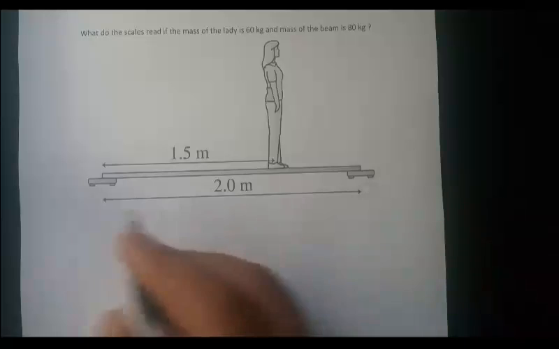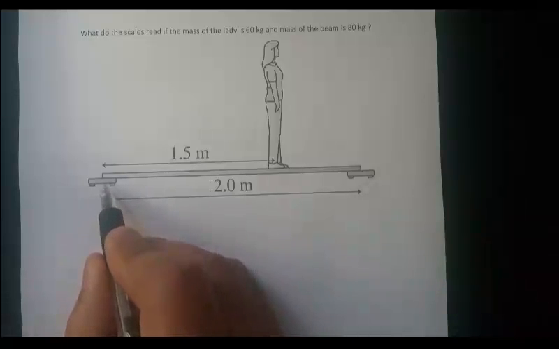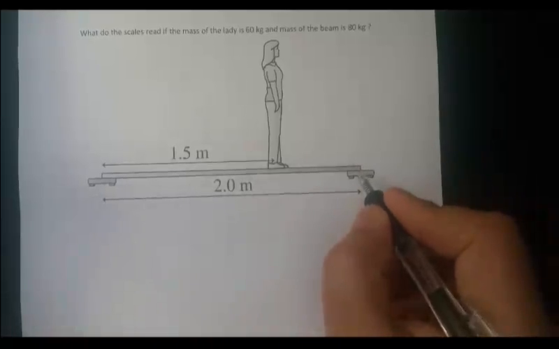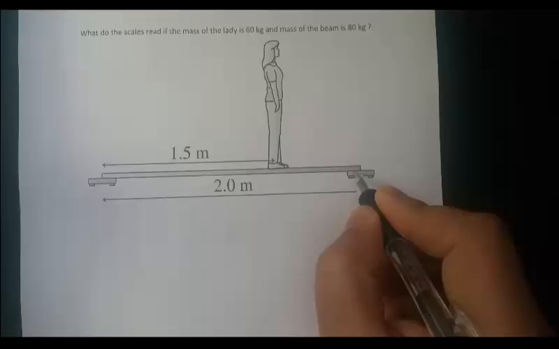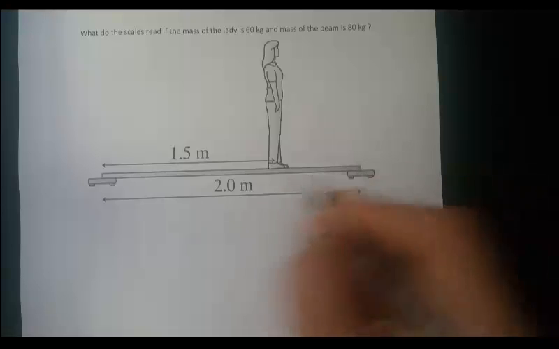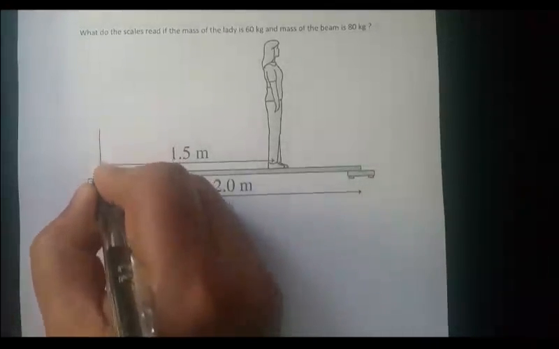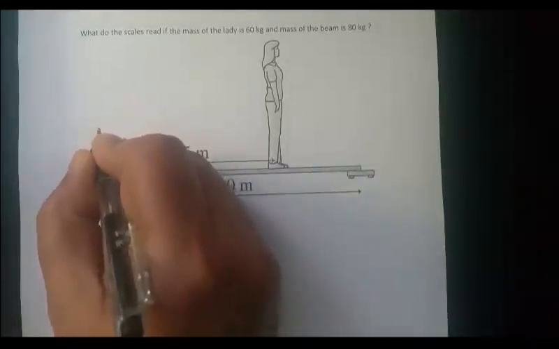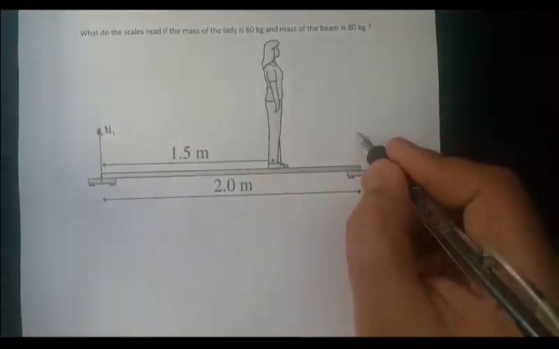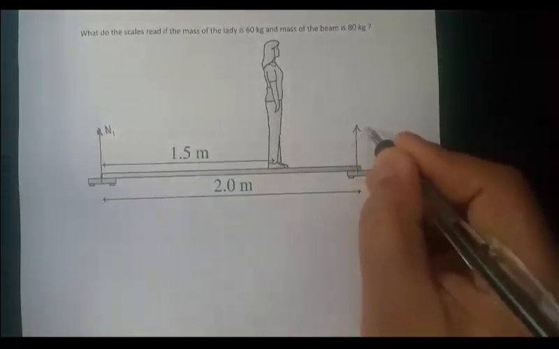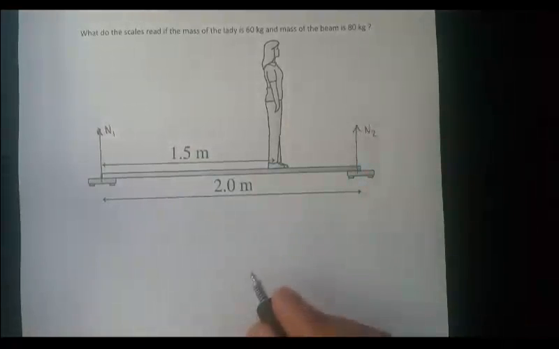So here, first of all, the mass scale reading is the normal force that it experiences because the platform is standing here. So let's say this is normal force N1, and this is normal force N2, which are unknown normal forces.